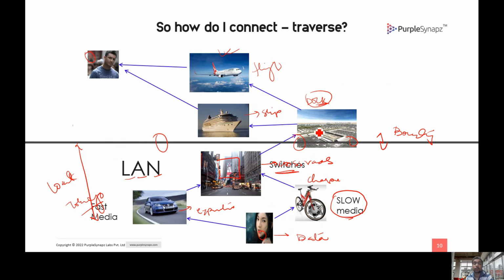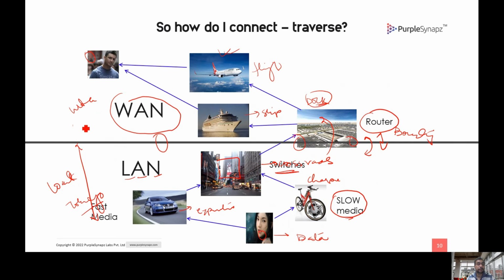This is not local anymore. She has to cross the boundary. That is where the router comes in. The router routes between different boundaries, from local to outside local, where you go to a wide area network. It's called a wide area network.